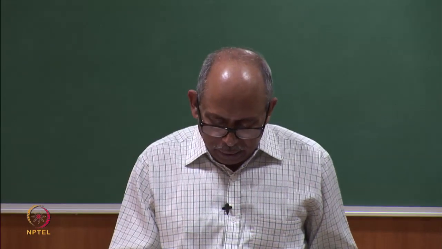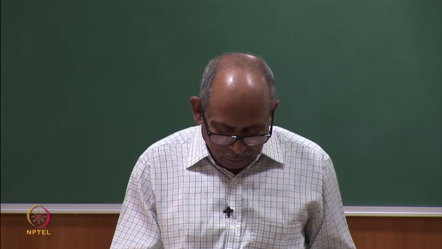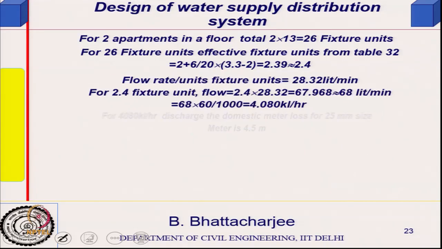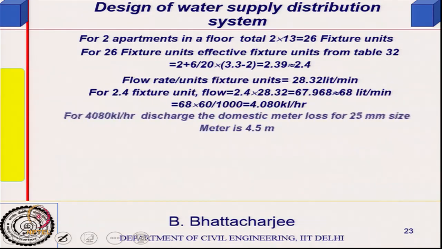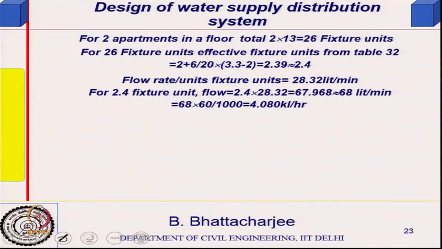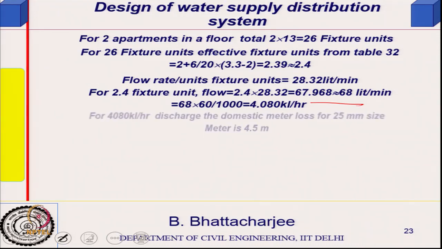So, that is the total number of fixture units. The flow rate is 28.32 liters per minute, that is given. So, for 2.4 fixture units, it is 68 liters per minute. So, it will be 68 liters per minute, and then you can convert this into kiloliters per hour and per day if you require, using the same formula.